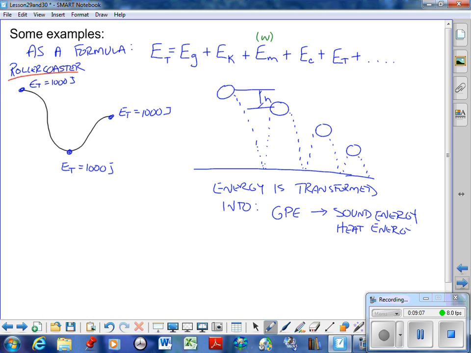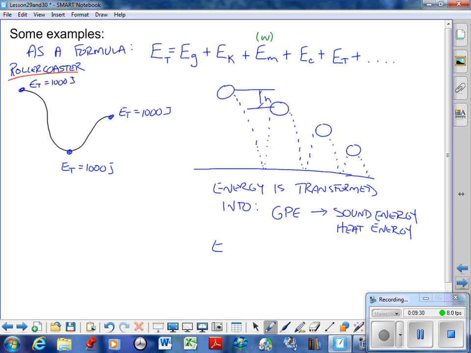So a bouncing ball still follows our law of energy conservation. It's just being transformed into undesirable energies. I would really like my ball always to bounce to the same height. Sound, I don't really care whether I get sound. Heat energy, same thing. It's an undesirable loss, but that total energy is still there.